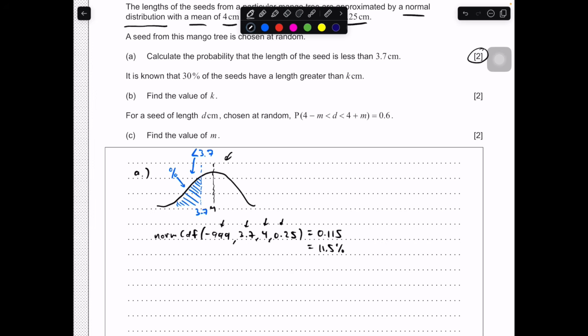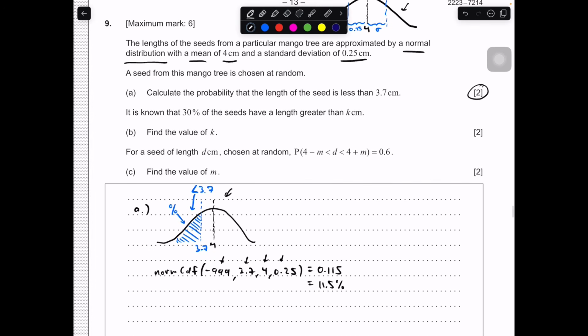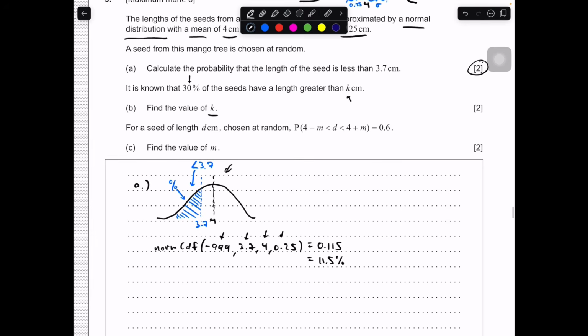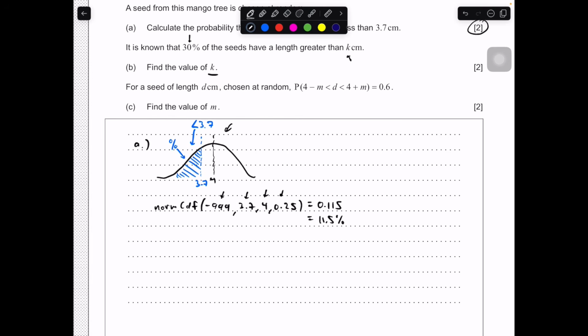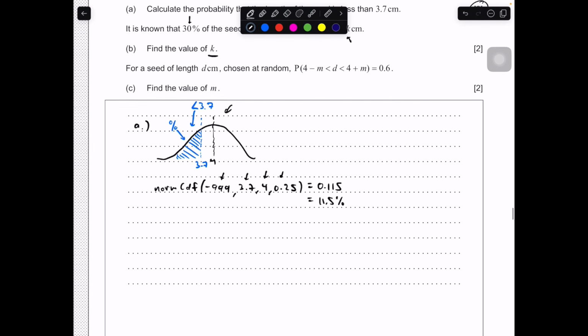Part B says it is known that 30% of the seeds have a length greater than k centimeters. Find the value of k. In this case, we're given the area under the curve, and we want to find the cutoff point. So let's draw another sketch. We've got a normal curve once again, with a mean of 4.